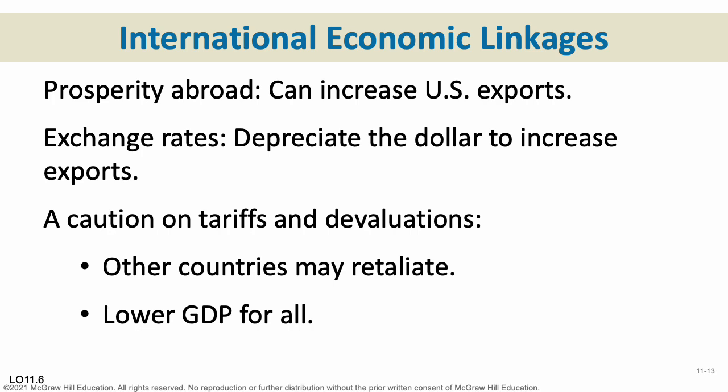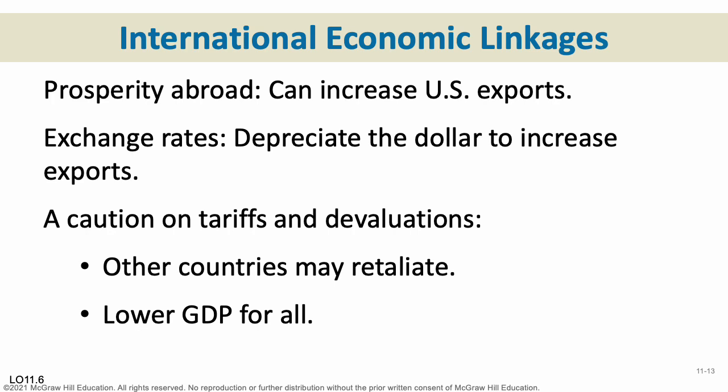As for international economic linkages, if the world is doing good, it's generally going to increase our exports. So if there's prosperity abroad, we'll probably export more. Other countries, if their economies are doing well, they're going to want foreign products. What about exchange rates? The cheaper your currency is relative to others makes you more attractive for trade. China does this.